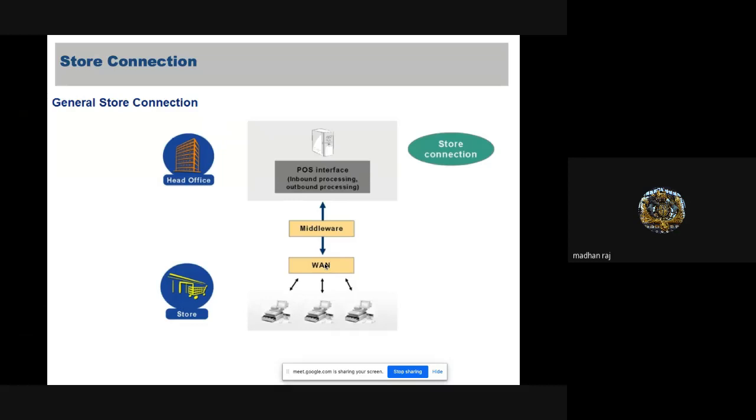SAP can only understand IDoc or XML, correct? These are the two formats it can understand. So suppose this is put in RTF format, rich text format, or plain text. This will be placed in a wide area network or a central office folder. It can be any FTP or anything, and from there it will be pulled into the middleware system, and this middleware system will convert the data format.